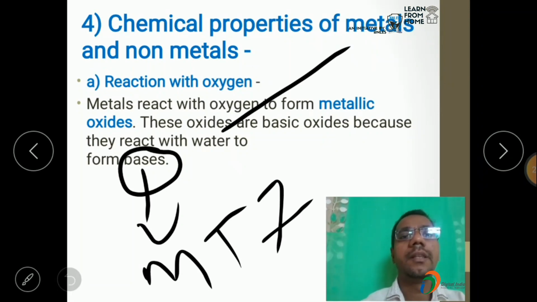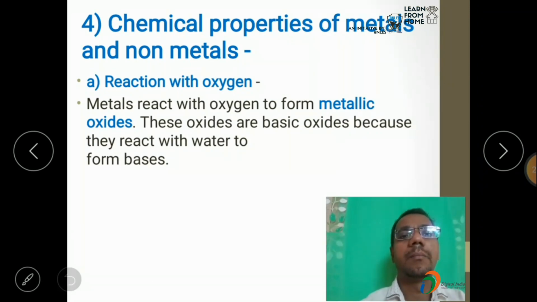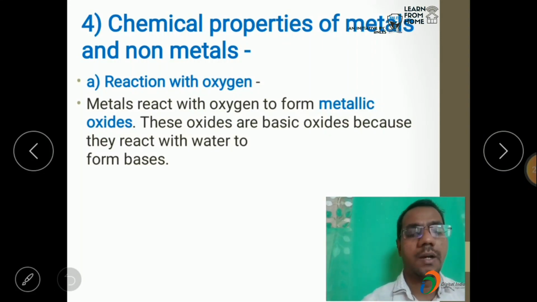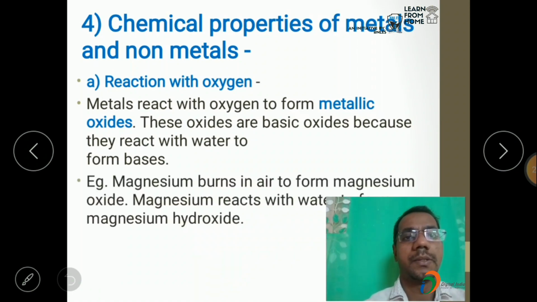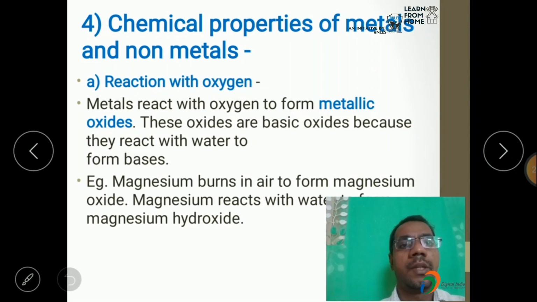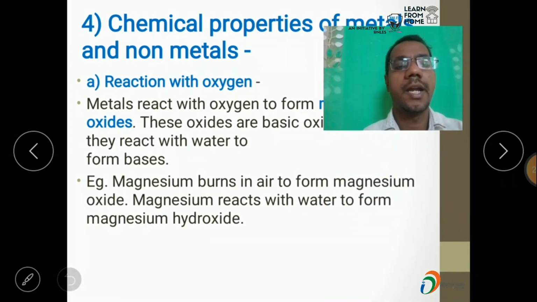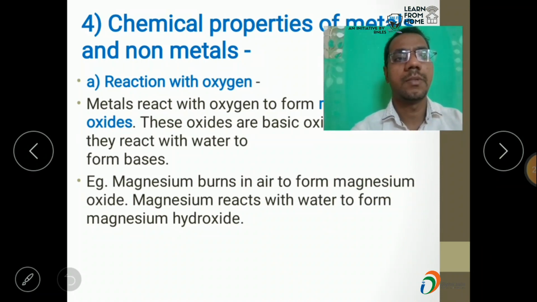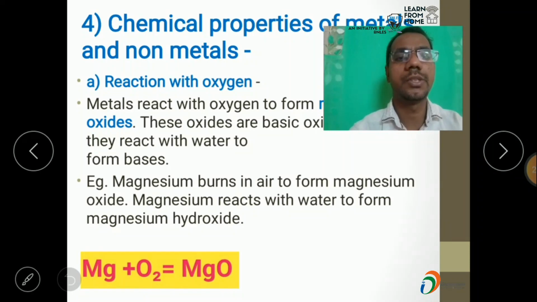In this way, when metals combine with oxygen to form oxide, and these oxides react with water, they form bases. For example, you can see magnesium. When magnesium burns in air, it forms magnesium oxide.